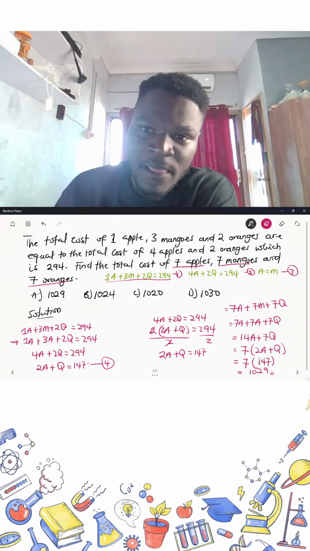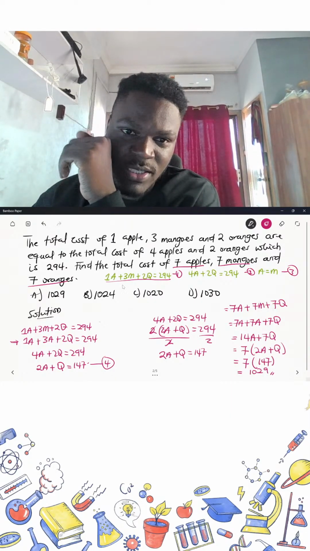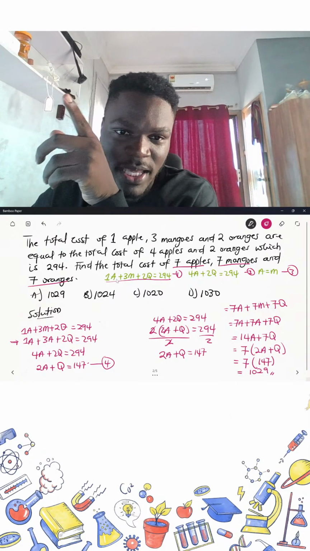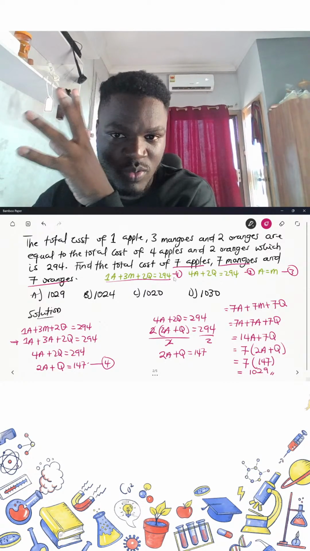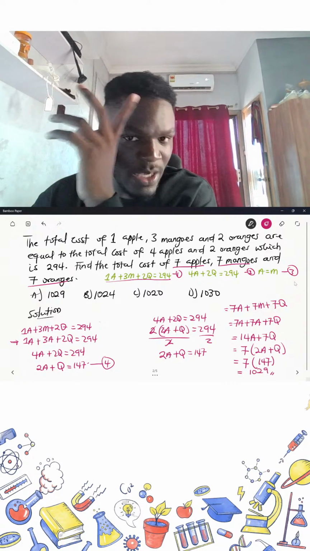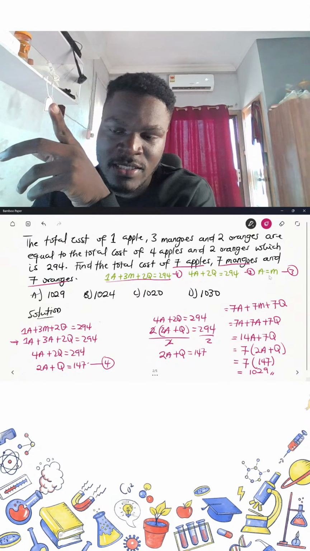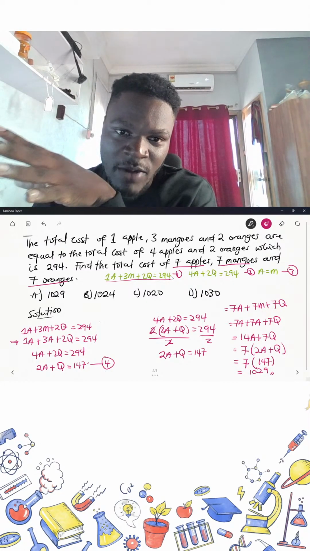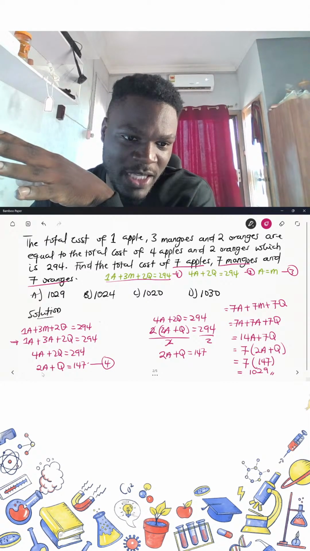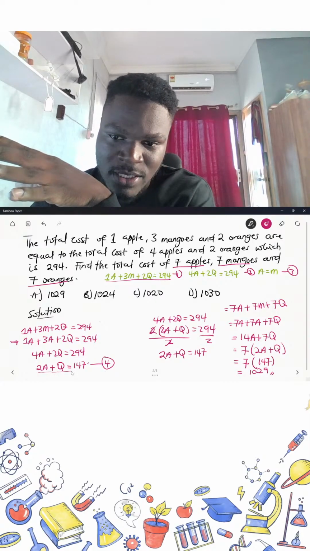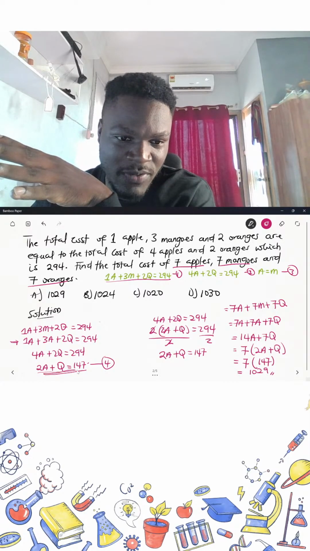Yes. So the first thing we did was write down the equations, which is 1a plus 3m plus 2q is equal to this. We got down all our 3 equations, and then we were able to come up with the fact that a is equal to m. Now from equation 1, we came up with the expression 2a plus q is equal to 147.